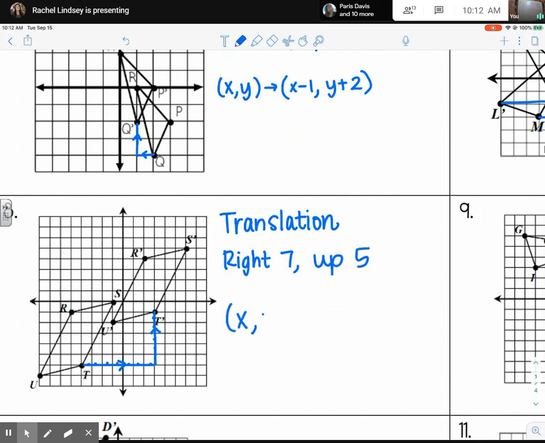The right 7, up 5. And then, what's my coordinate rule? X plus 7, Y plus 5.